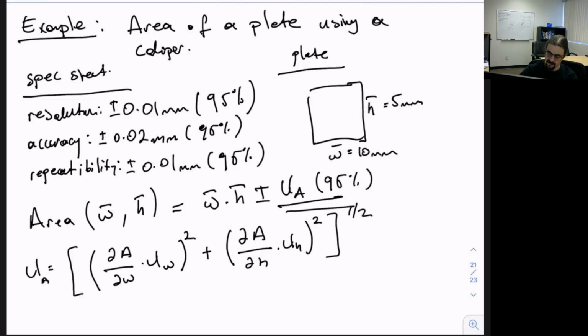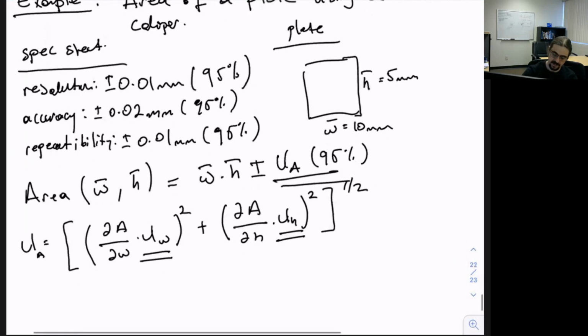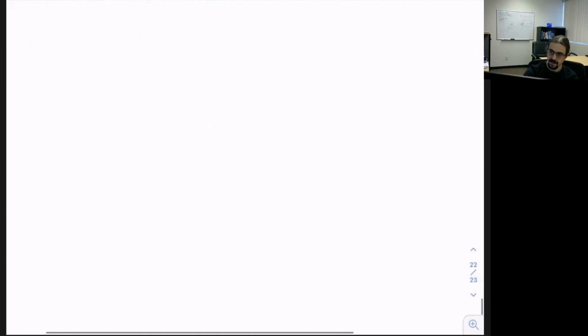Okay, so we basically need to now figure out what is the uncertainty of width, and that's one uncertainty of height, and we are just going to plug that in to our equation. Okay, keep going.